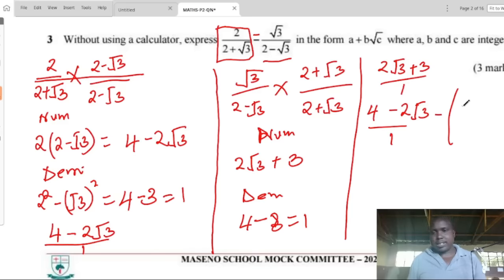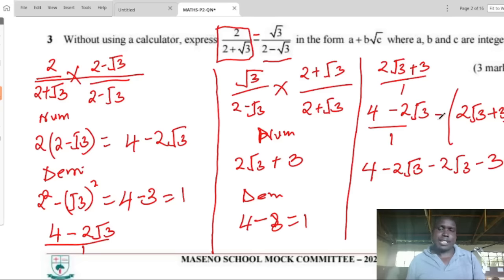So this one is 6 root 3 plus 3. So this is going to affect that one. So we have 4 minus 2 root 3 minus, this one is going to be 6 root 3 minus 3. You see, if you did not have this bracket here, this negative would not affect this number to make it negative.